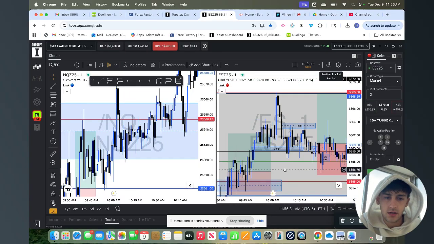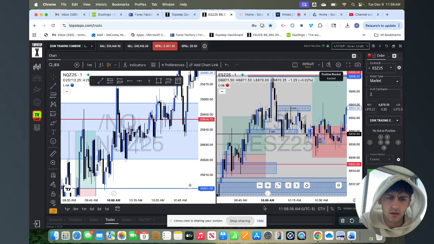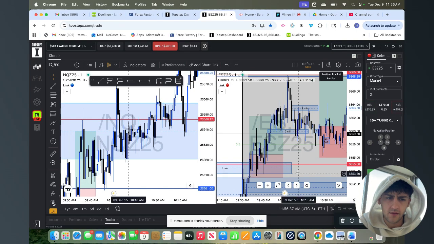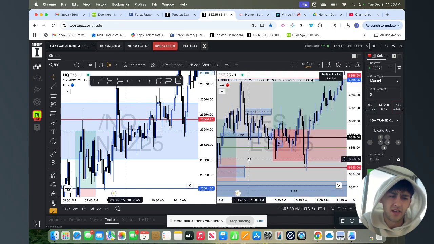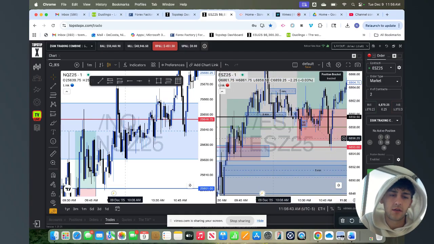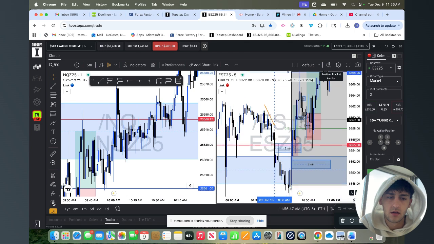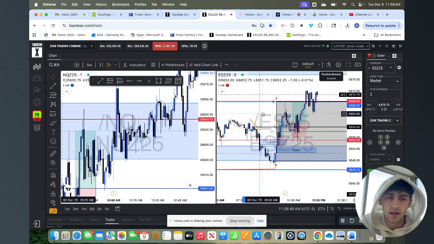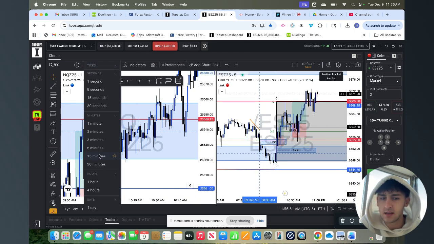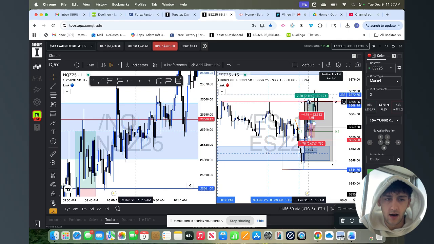Now the second trade, it's kind of bad. I think I was slightly forcing this. But again, I'm on eval, so it doesn't really matter. But yeah. So this right here is 15-minute equilibrium, from the 9:30 candle open to the candle high up here.